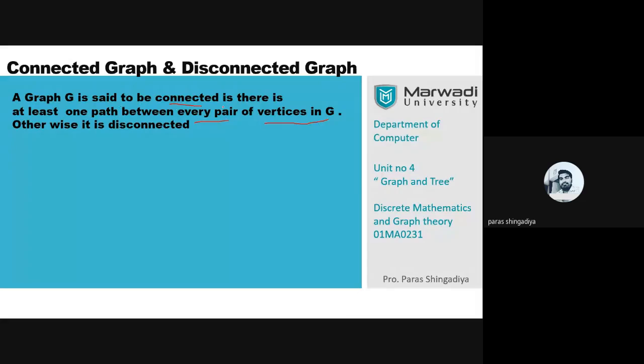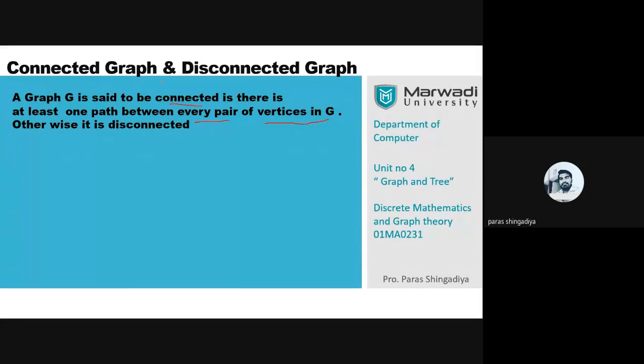You have to think about all vertices of the graph and take any pair of them. There should be at least one path in this graph. It means you can create at least one open walk between these two vertices. It means you can connect these two vertices.